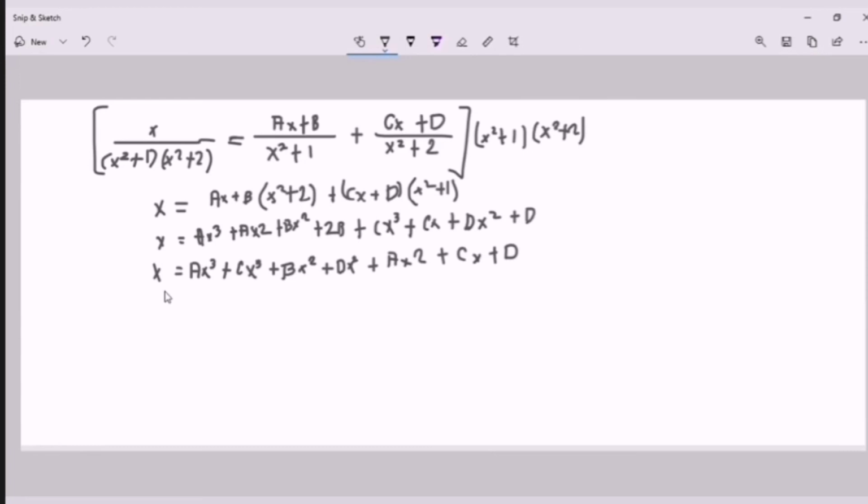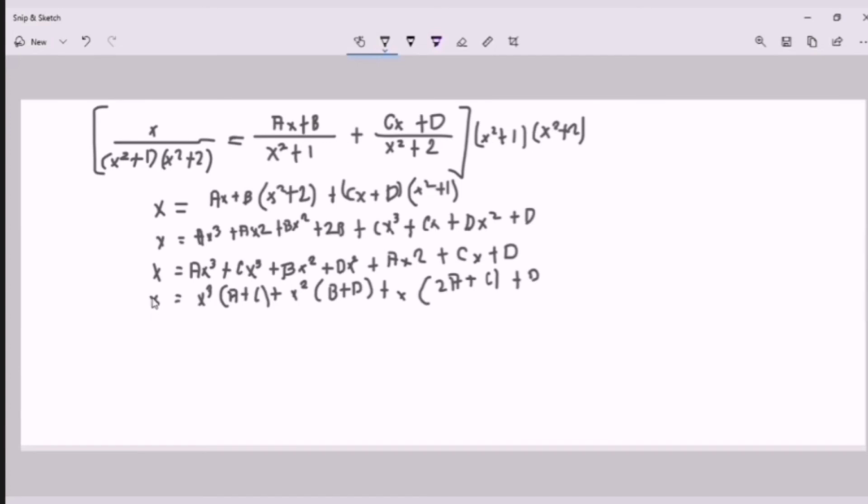And then let us factor out ax cubed plus cx cubed. That would be x cubed times the quantity of a plus c. Factor out also bx squared plus dx squared. That would be x squared times the quantity of b plus d. Then 2ax plus cx, that would be x times 2a plus c.